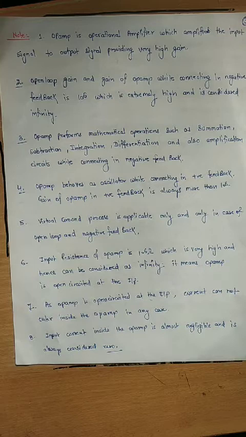If we solve, V2 is equal to 0, V1 is equal to 0, minus Vin by R1 minus Vout by RF, it means Vout is equal to minus RF by R1 times Vin. So gain of the inverting amplifier comes out to be minus RF by R1.